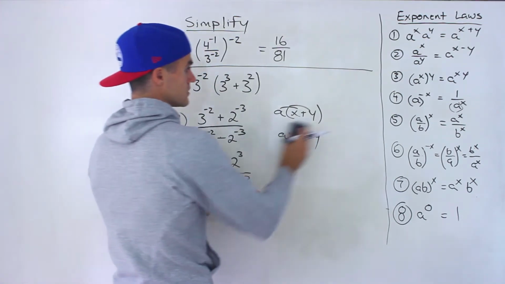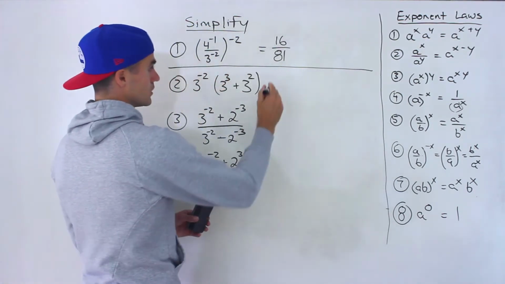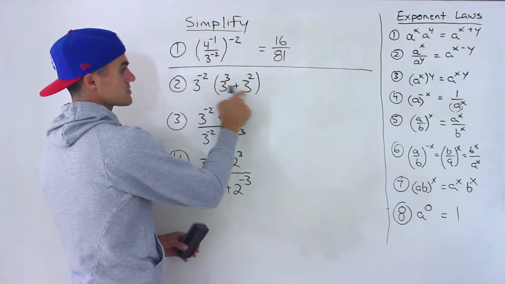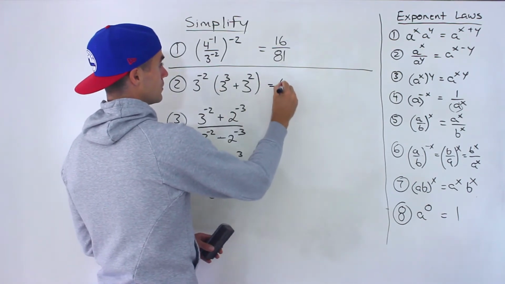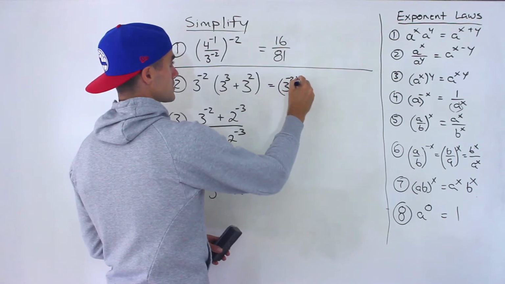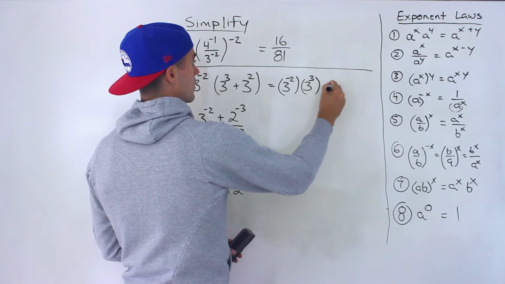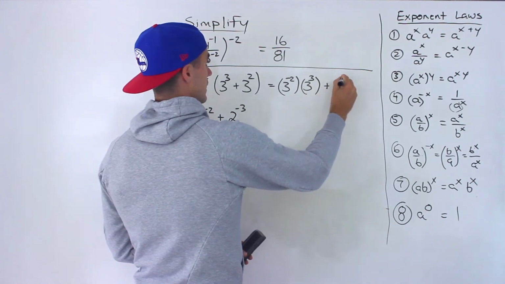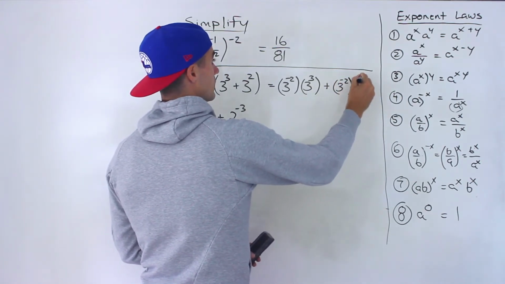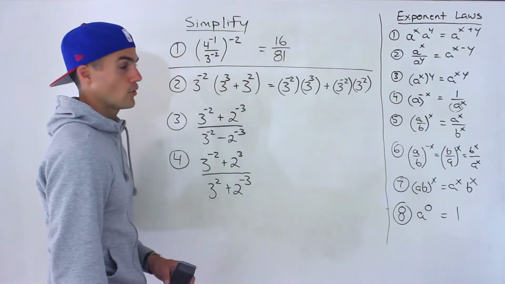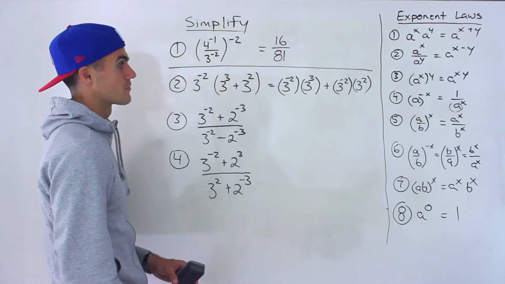The reason why it might be a good idea to do that is because all these bases are the same. So when we do end up multiplying these terms, the multiplication is going to be fairly smooth. So I took that 3 to the negative 2 and just distributed it to both terms like that.